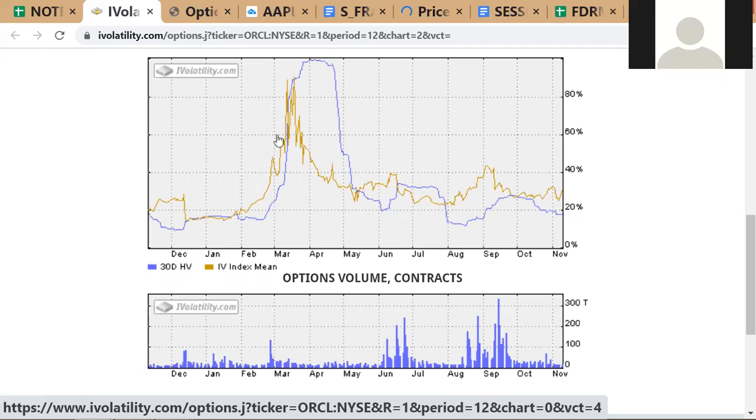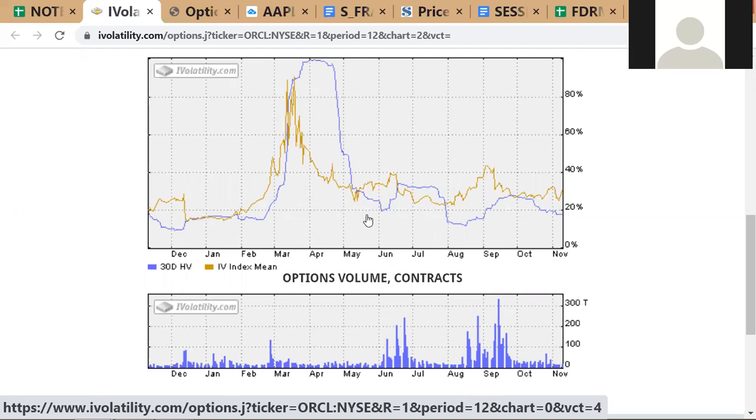The yellow line, the IV index, is going up and going down. This means that option prices were generally increasing. This I've discussed before. Option prices were generally increasing between January and March, and now option prices are generally falling. And then during this period, May to June, November, there is not much movement.